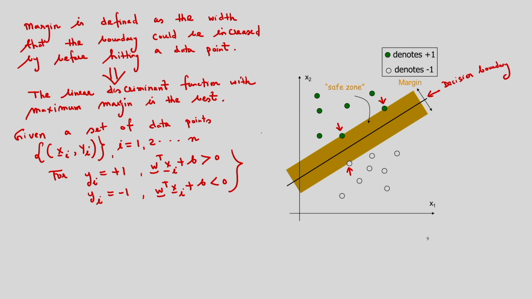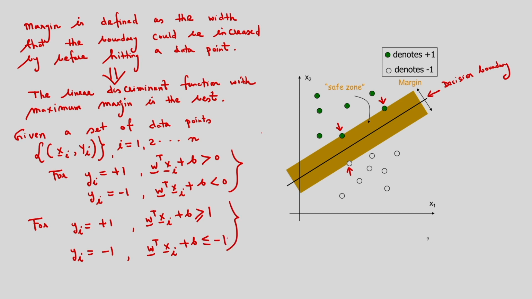So with a scale transformation on both w and b, these two equations I can write like this. For yi is equal to plus 1, the condition is W transpose xi plus b, so earlier it was 0, now I am putting 1, so greater than or equal to 1, and for yi is equal to minus 1, the condition is W transpose xi plus b less than minus 1.